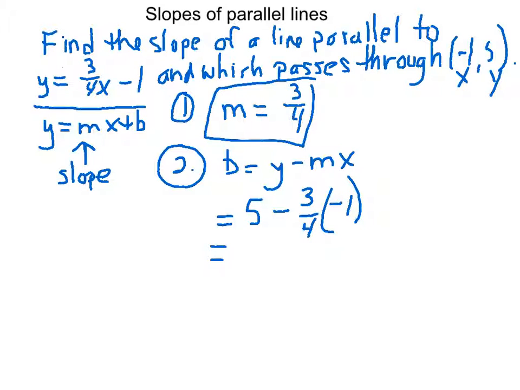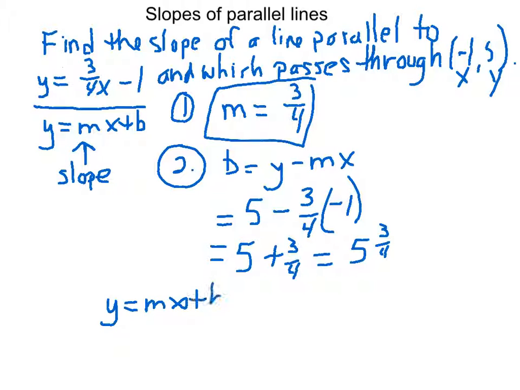So we're going to clean that up. This here is going to give us minus and negative, so that's going to change to plus. And then 5 plus 3/4, you can either write it as 5 3/4 or 5.75 or 23/4, however you want to write it. So our final equation, we want to show it in slope-intercept form. We need a number here for slope and a number here for b.